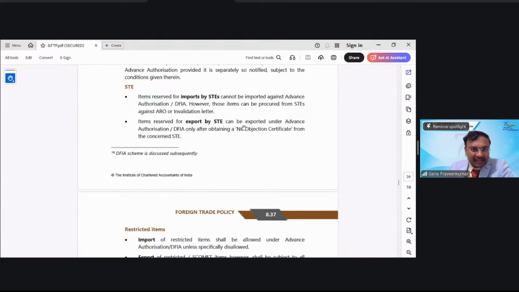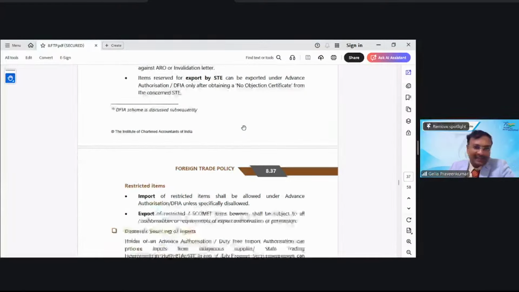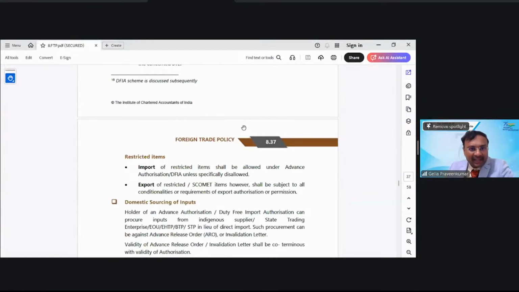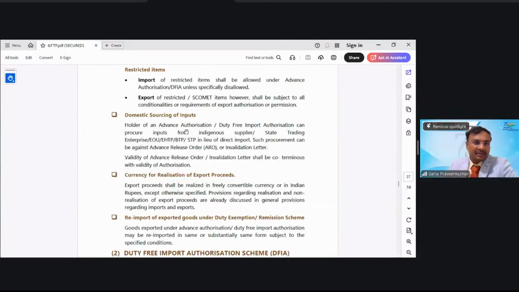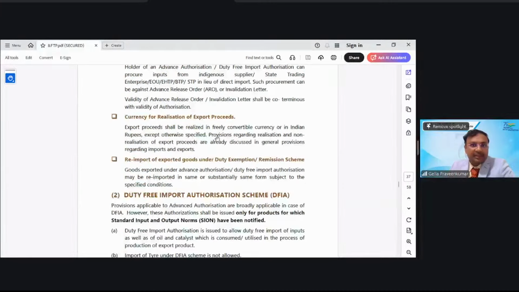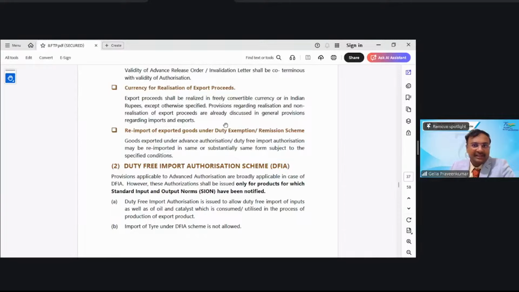STE, I can import or export through STE, that is permissible. Restricted items, on the basis of application, authorization will be given. Purchase from domestic sourcing, yes, both the cases, it is allowed. Money realization in foreign currency, at the time of script, they don't insist, but as per FEMA regulations, I have to repatriate funds, which is compulsory.